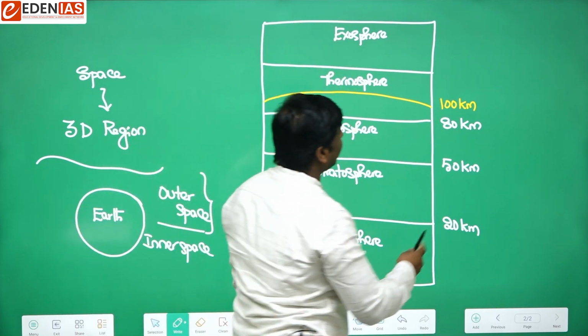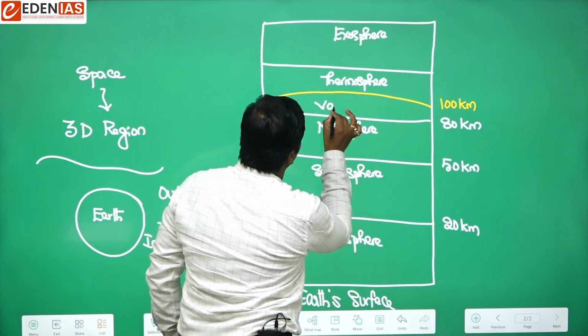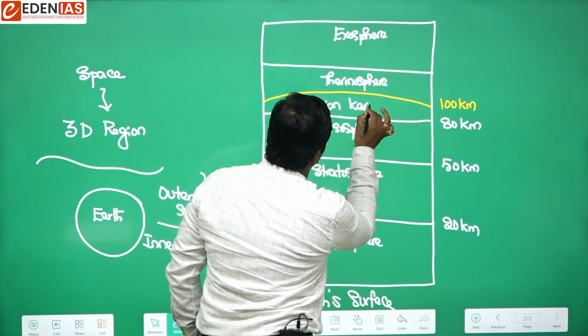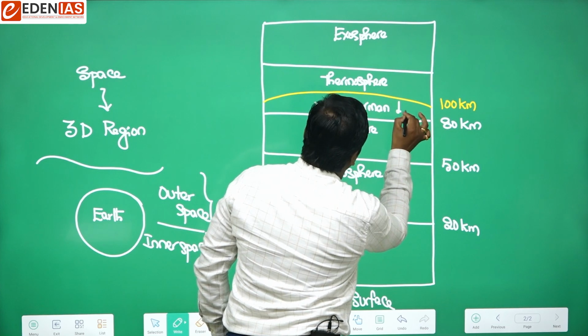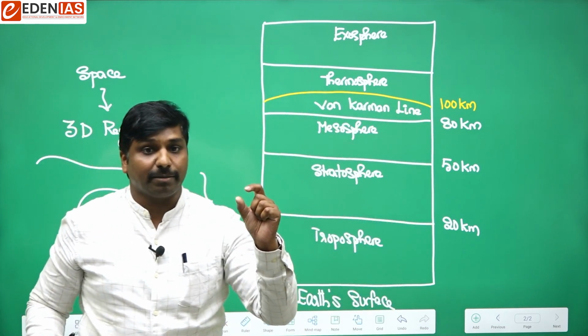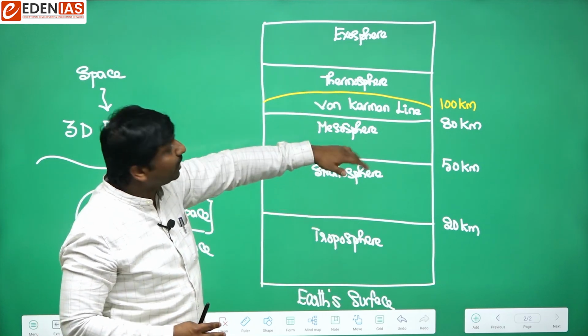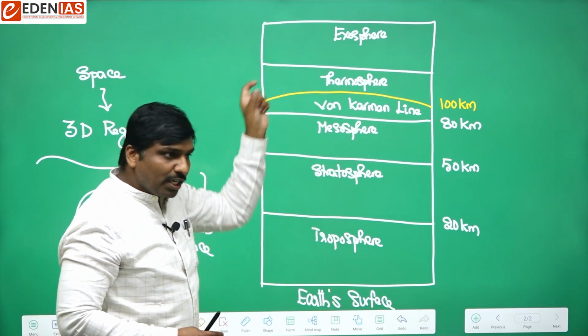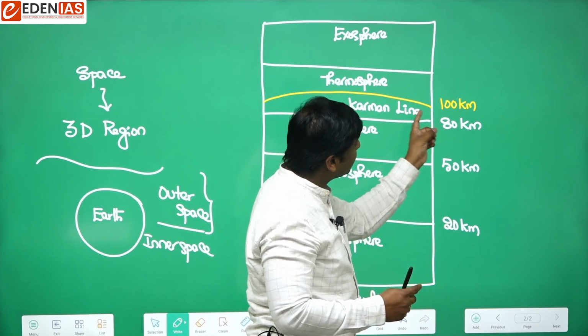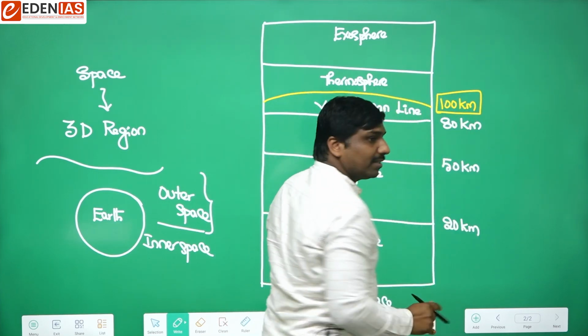That line is known as the Van Kerman line. This Van Kerman line is the boundary that separates the inner space of the Earth from the outer space of the Earth. It roughly corresponds to a distance of around 100 kilometers from the surface of the Earth.